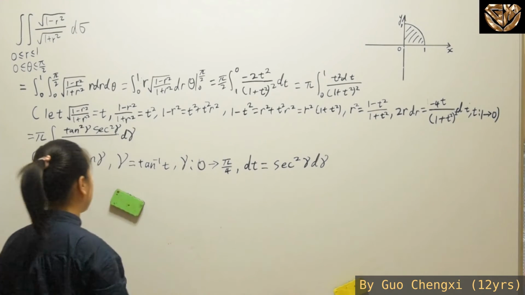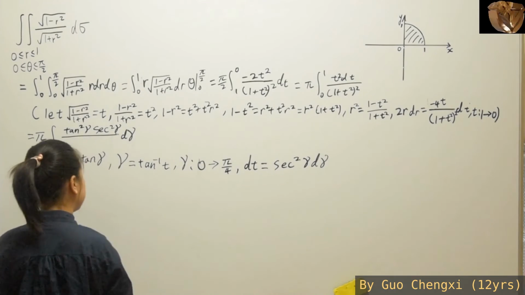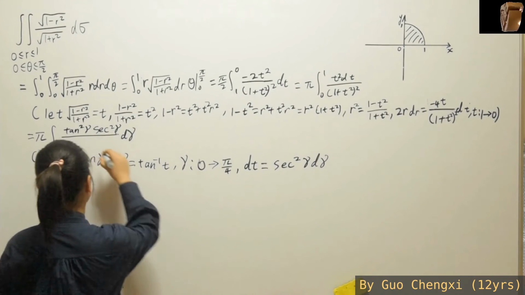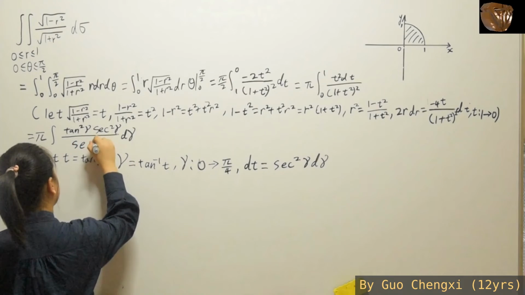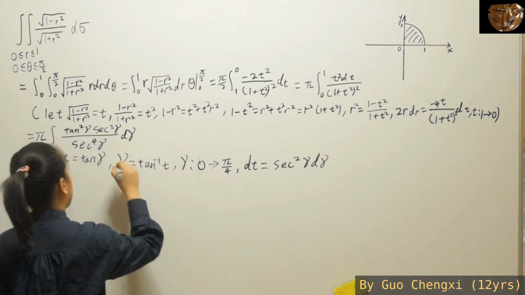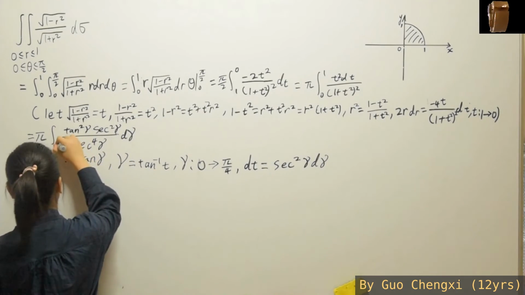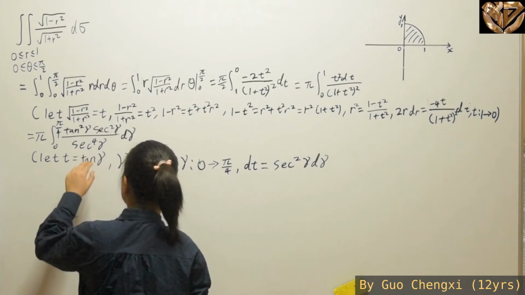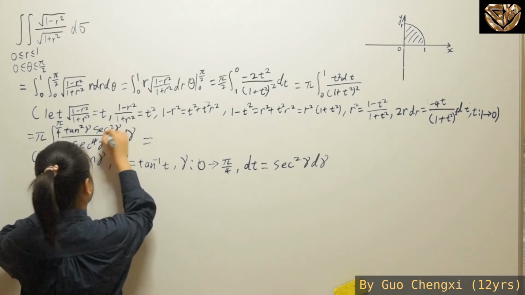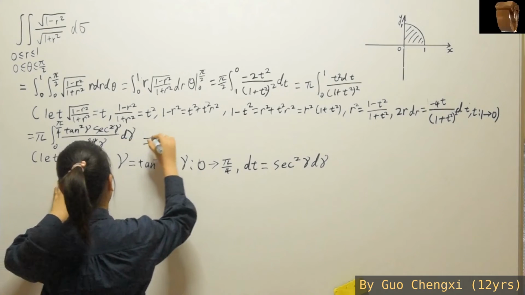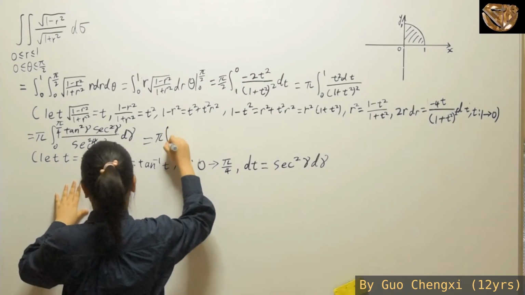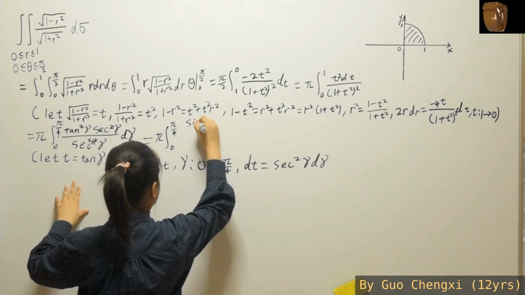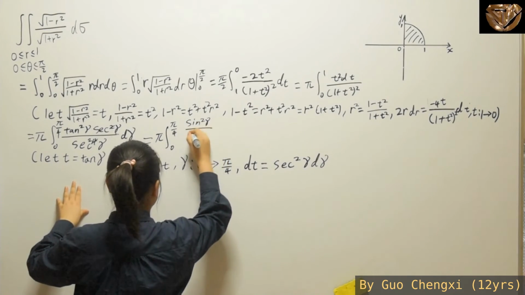So what is 1 plus tangent square? Well, 1 plus tangent square through a formula, it is secant square. But since we have a bracket square outside, so it's going to be secant to the power of 4. And now that we have gotten this part, this part you can simplify and you get a square, and then for this part, tangent is basically sine square over cosine square, right?